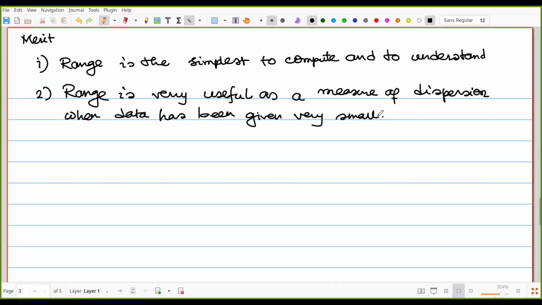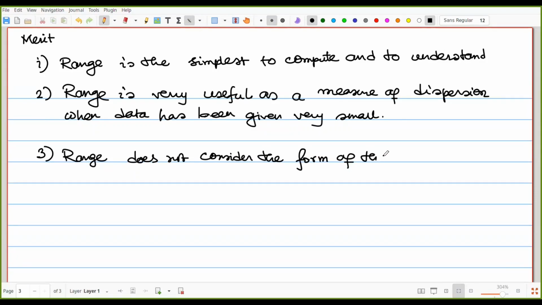Another thing you can say: range does not consider the form of the distribution.